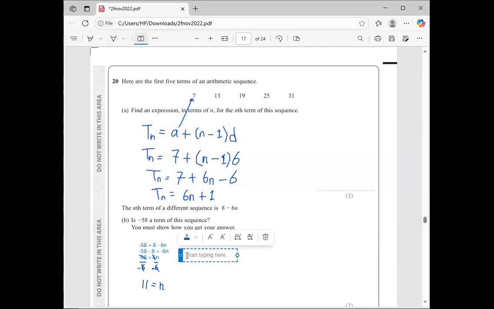We'll say yes, minus 58 is a term in 8 minus 6n because n is a whole number.